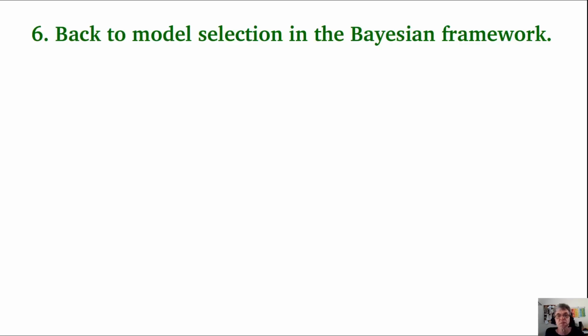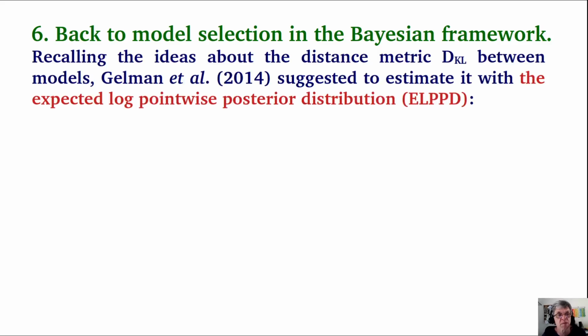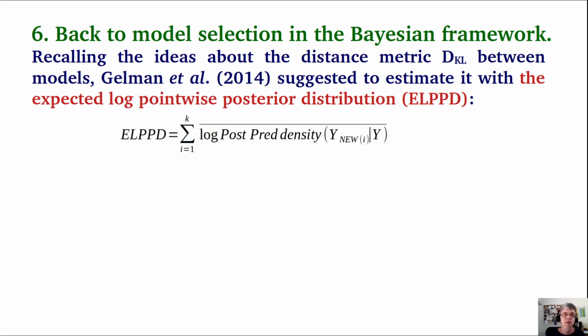But now let's return, after seeing what the posterior predictive distribution is, to the model selection in the Bayesian framework. Recalling the ideas of the DKL distance, Gelman and collaborators suggested to estimate this distance with the expected log pointwise posterior predictive density. Expected means a kind of average. So this is a kind of average of the posterior predictive density of the new values for each data point.